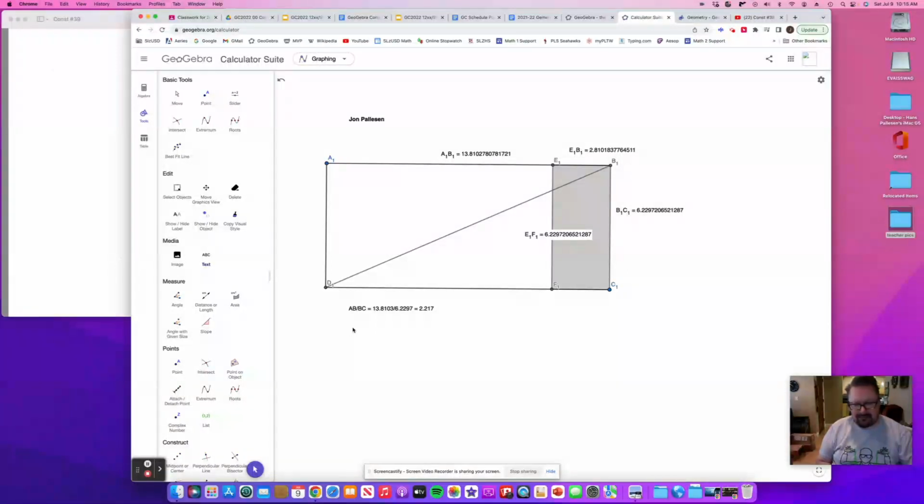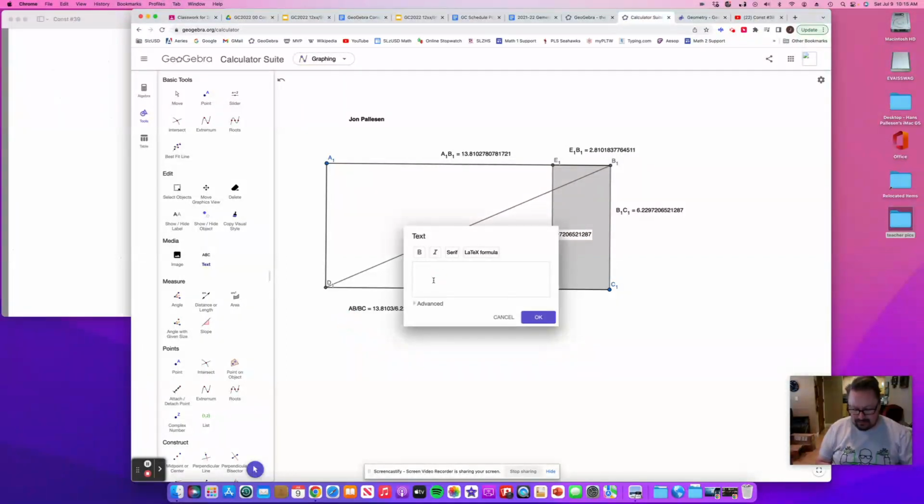And my second one, which is EF over EB, which is 6.2297 divided by 2.8102.